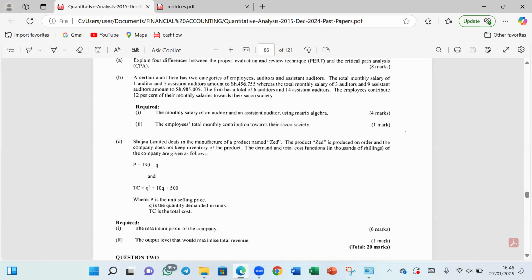So the firm has a total of 6 auditors and 14 assistants. The employees contribute 12% of their salaries towards the circle. Required the monthly salaries of an auditor and assistant auditor using the matrix algebra.